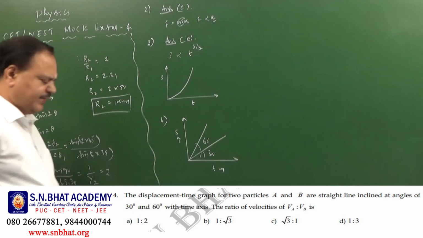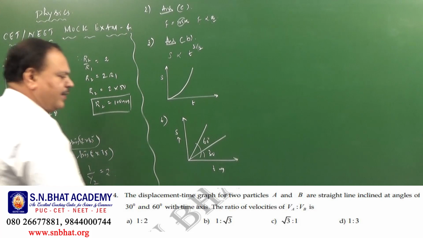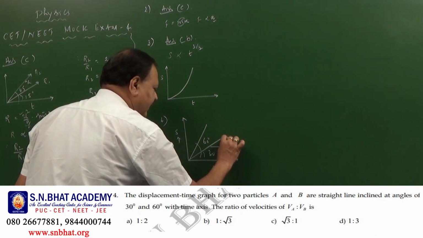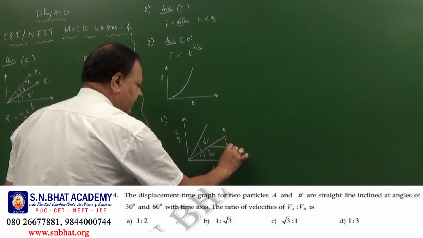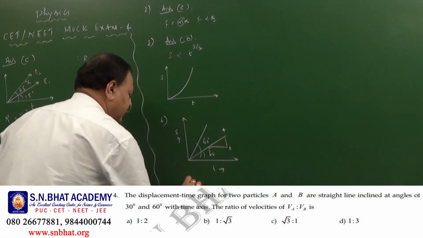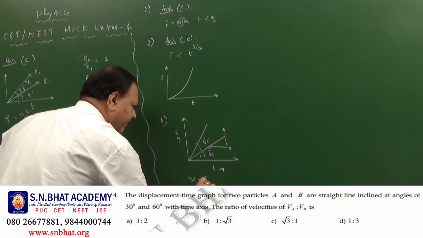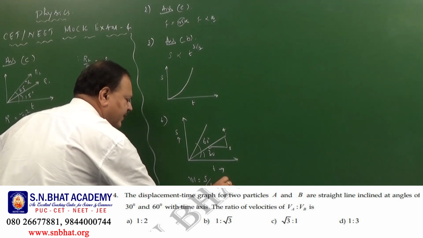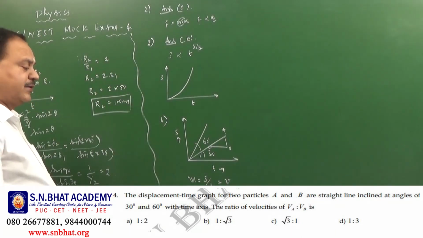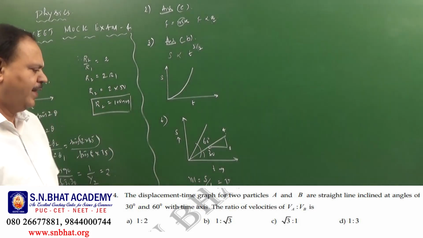Okay. Now what is this question? Calculate the ratio of their velocities. Remember, if you take the slope of the time displacement curve, the slope is equal to opposite side divided by the adjacent side, tan theta, which is nothing but the velocity. You should know that the slope of the time displacement graph would give the velocity.